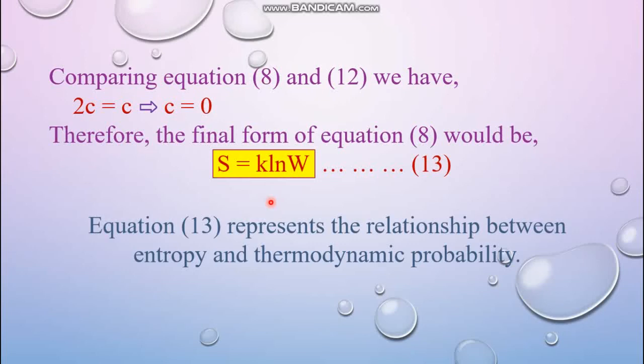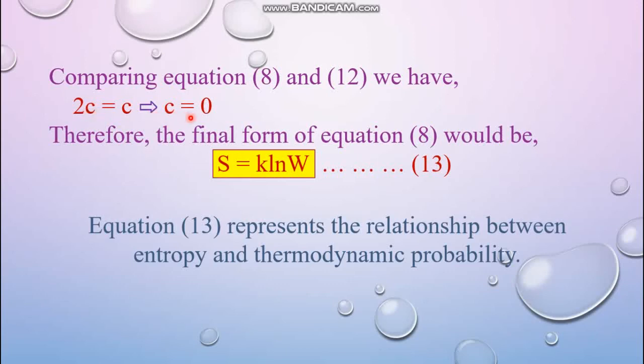So on the left hand side, both of them are S, and on the right hand side, in equation number 8 it was k ln W plus c, and in equation number 12 it is k ln W plus twice c. That means c equals twice c, or twice c minus c equals 0. So what is twice c minus c? Twice c minus c is in turn c. That means c equals 0.